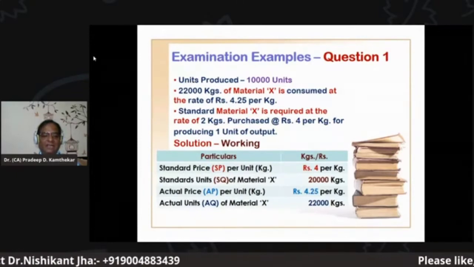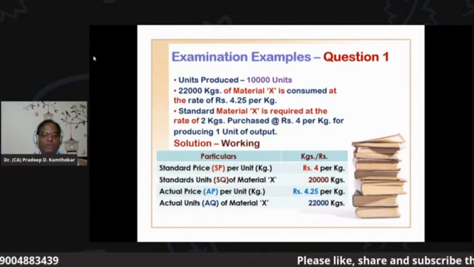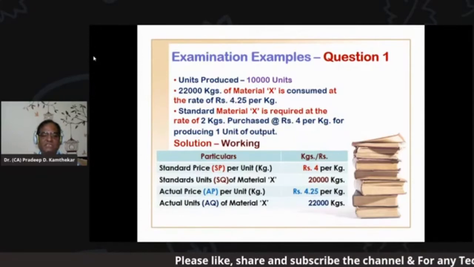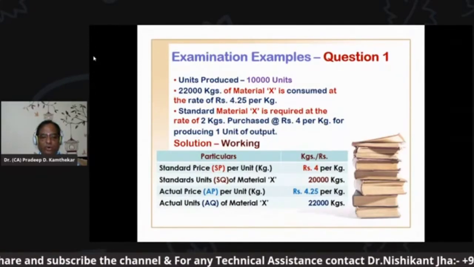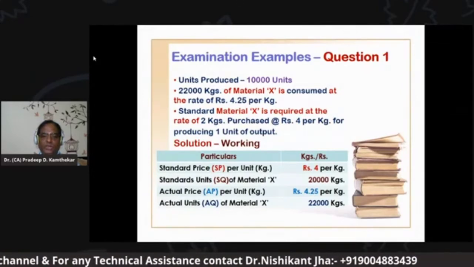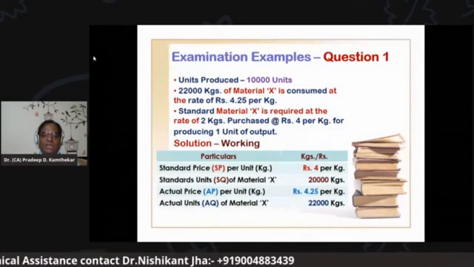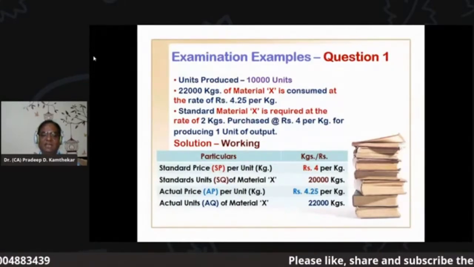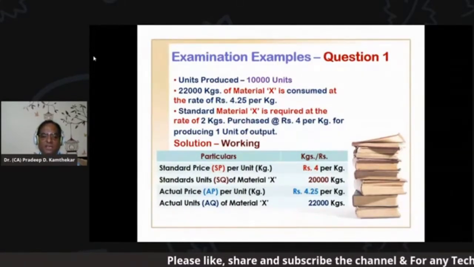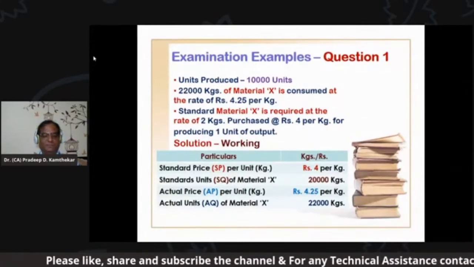Now here standard is given for producing 1 unit and the actual production is 10,000 units. So in such cases, the first and foremost thing that we have to do is to calculate standards, that is standard price and standard quantity for 10,000 units produced.